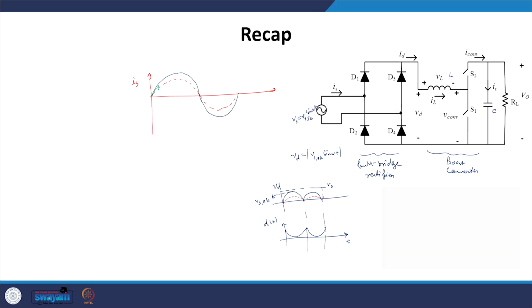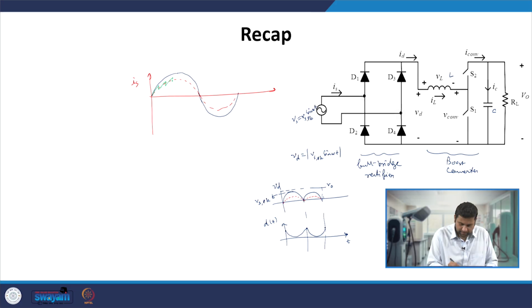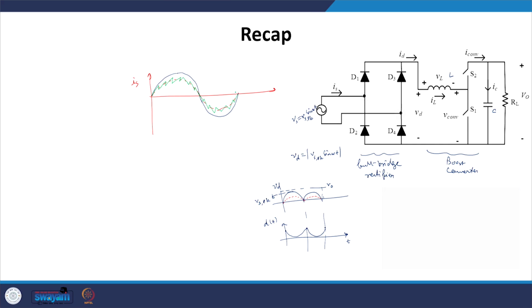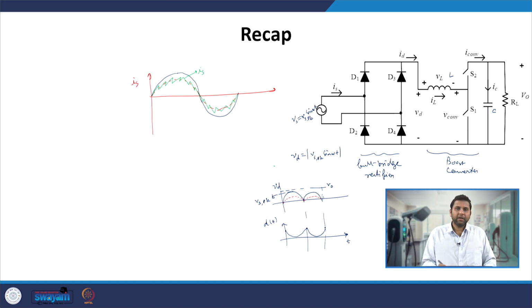The inductor current will have ripple over that, and the ripple and the average variation are such that we have a sinusoidal current drawn from the source. The Is is actually the green color waveform, and the average variation has the sinusoidal component.